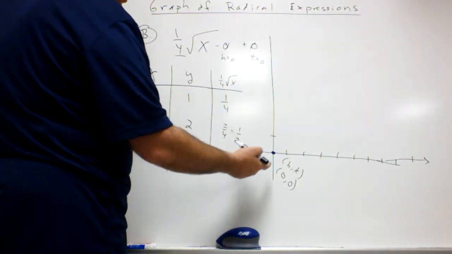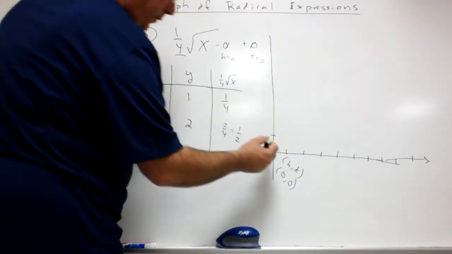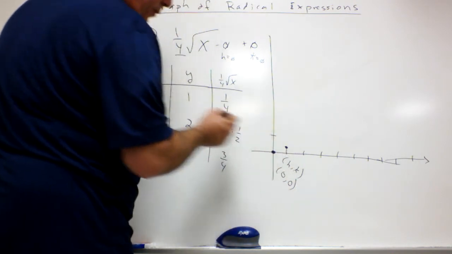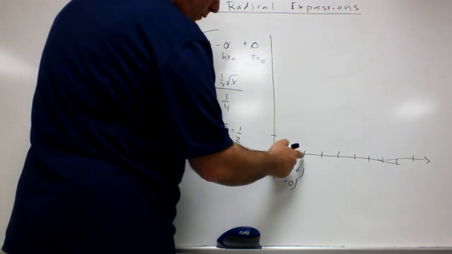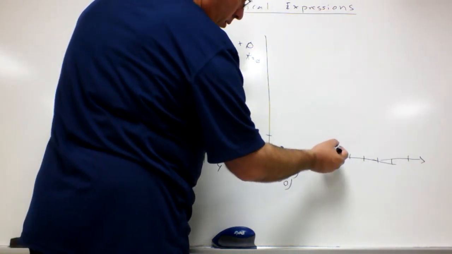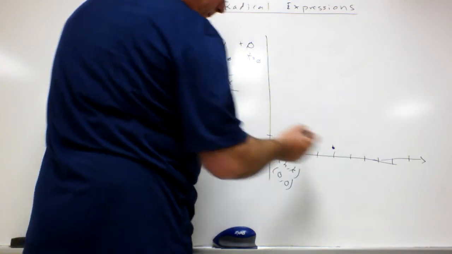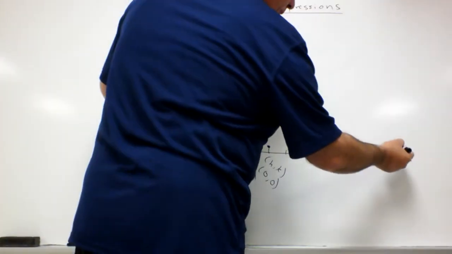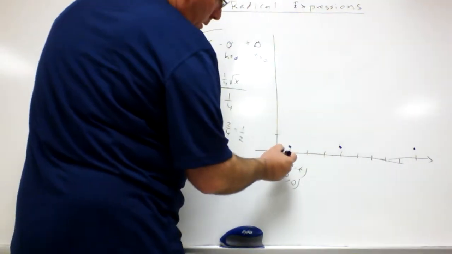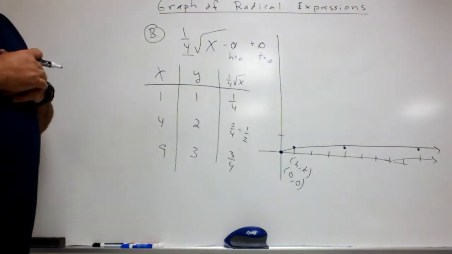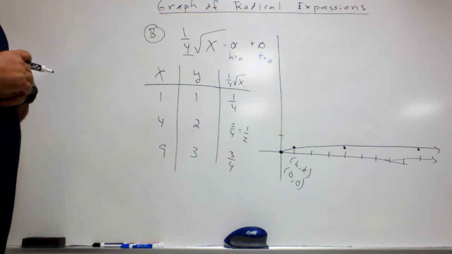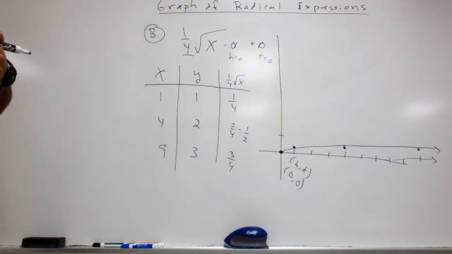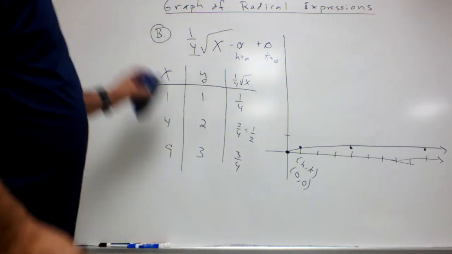At x is 1, y is 1/4, so we want to plot 1, 1/4. At x is 4, y is 1/2, so when we go out to 1, 2, 3, 4, we should be at about 1/2. And when we get out to 9, we should be at 3/4. So this is a really flat square root function, and that would be the graph of the function. Let's try another one.